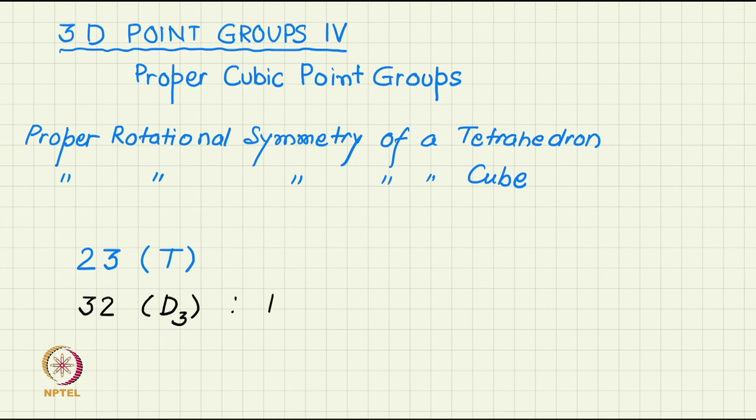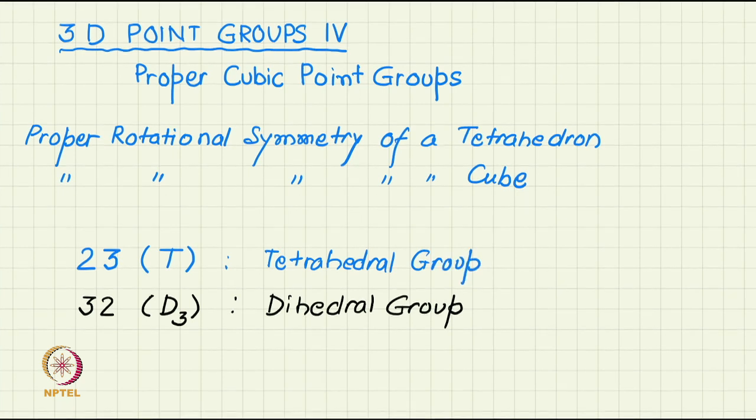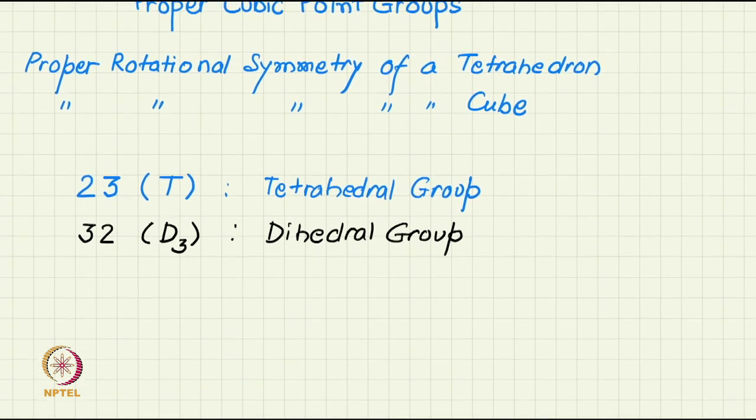So, this is a dihedral group. One has to be careful of the order of these two numbers. So, 3, 2 is a dihedral group, whereas 2, 3 is the tetrahedral group. Schoenflies notation in this sense is a little clearer, because there is no possibility of confusing D3 as a dihedral group and T as tetrahedral group.